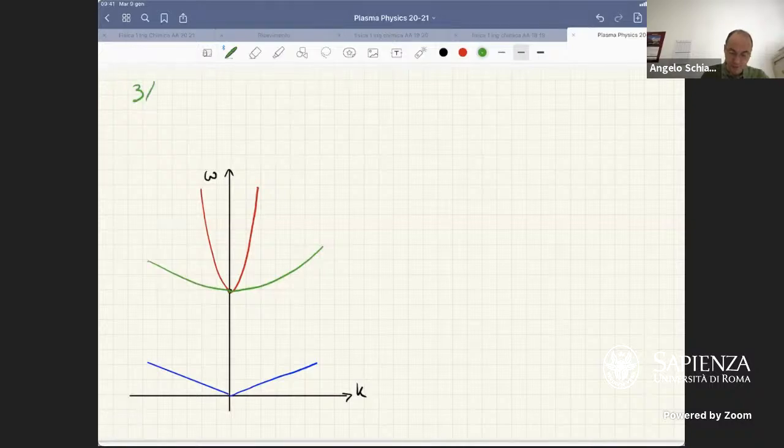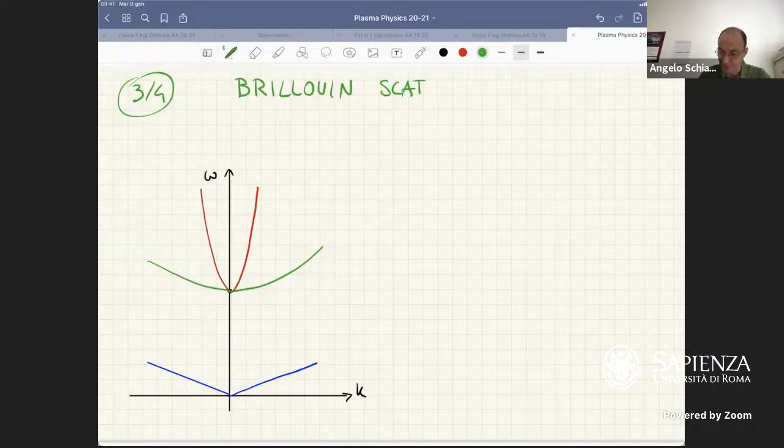So 3 out of 4, and this is the backscatter. Now we face two conditions of backscattering, and this is the Brillouin scattering. Brillouin is a French name, you can pronounce it in the French way. And in terms of particles, it is described by an incoming photon.